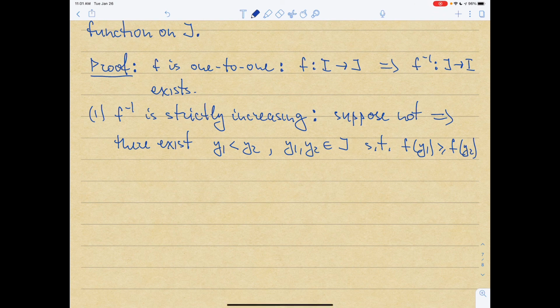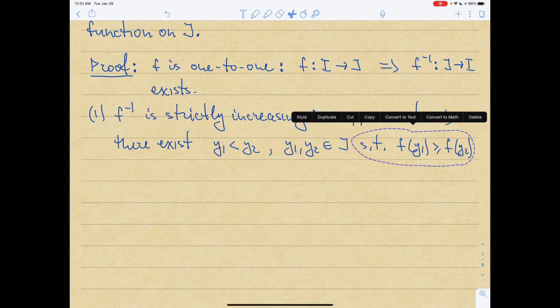So either the function stays constant or it is decreasing on the interval y1, y2.